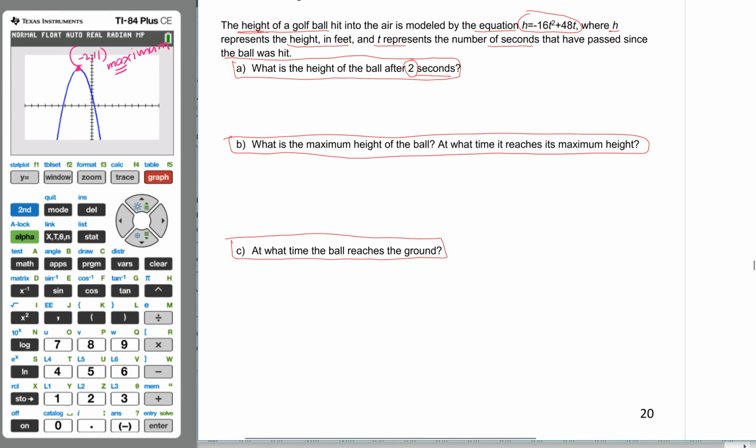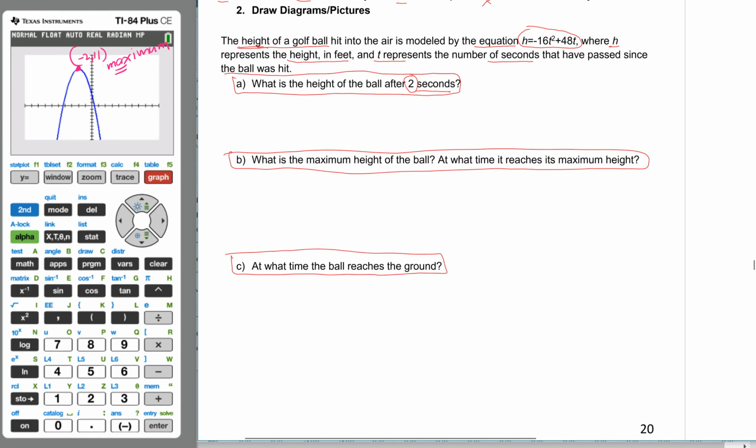Okay, so let's now work out this problem. You're given the function h equals negative 16t squared plus 48t. The question is, what is the height of the ball after 2 seconds?